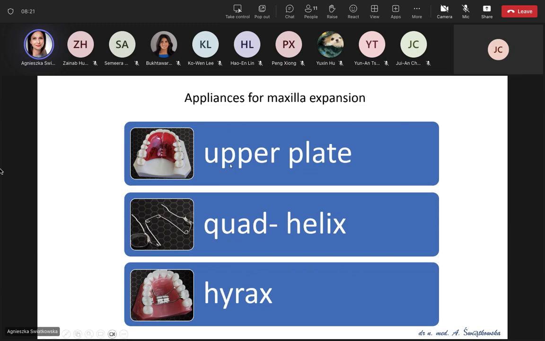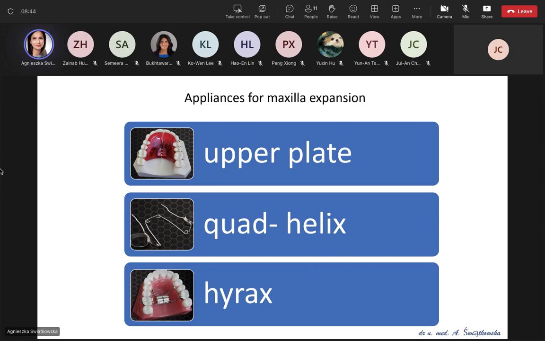The next group of appliances are fixed appliances. In this group we have quad helix and Hyrax. Quad helix is also an appliance which we can use for skeletal expansion. What does skeletal expansion mean?